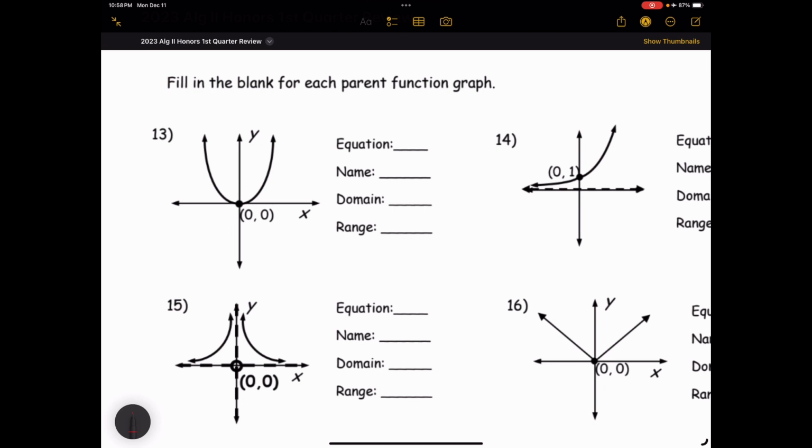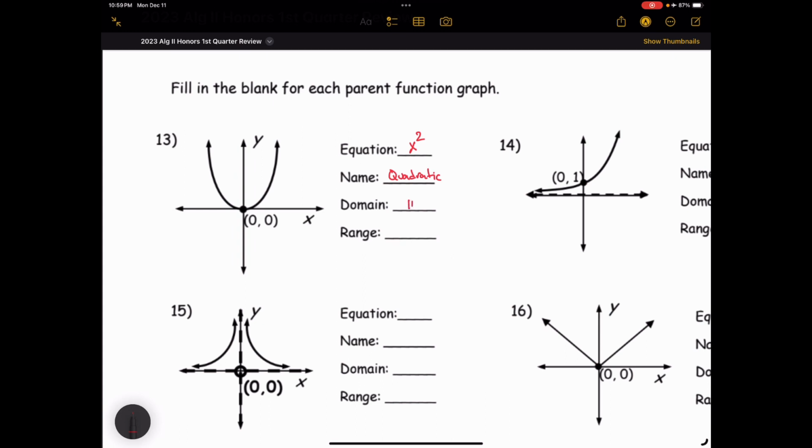All right, number 13. Fill in the blank for each parent function graph. The equation for 13 is a quadratic, right? It's x squared. The name is quadratic. The domain, for a quadratic, is always all real numbers. And the range is going to be from the min or max towards one of the infinities.